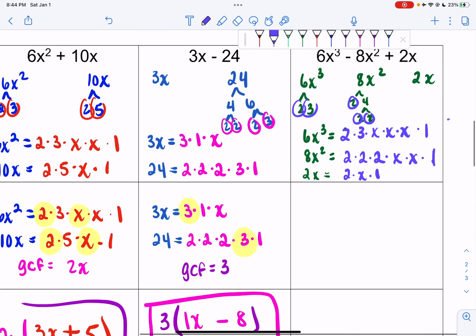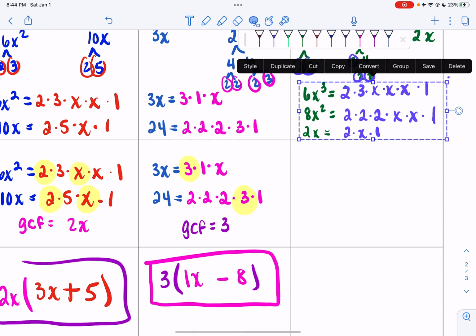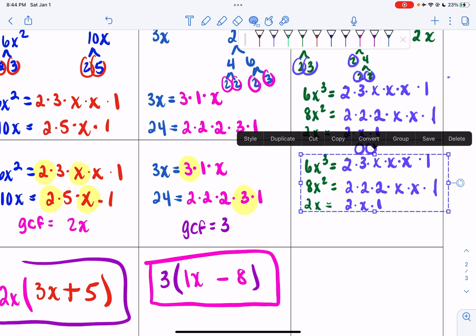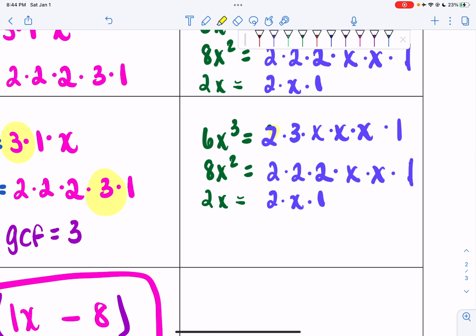Now we highlight what's in common. If we look at both rows, they all have 1s, they all have 2s, and they all have at least 1 x. So I can say my GCF is 2x.